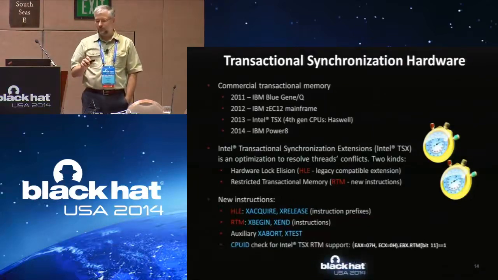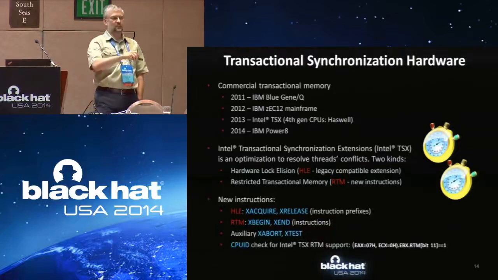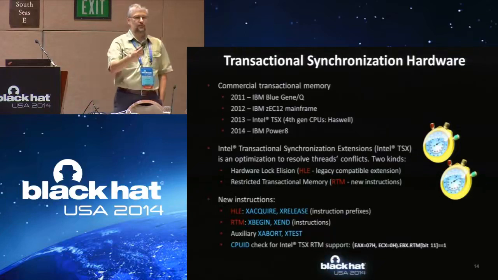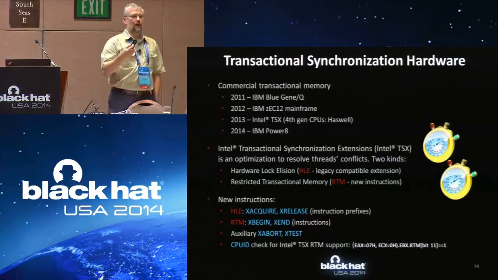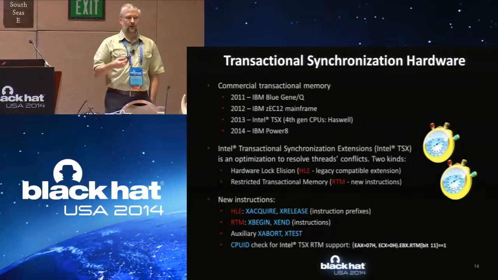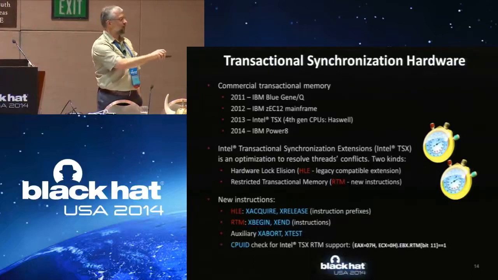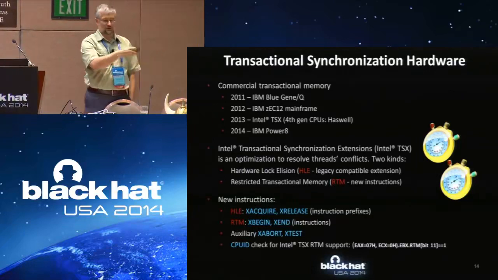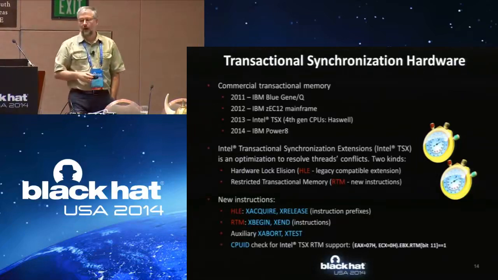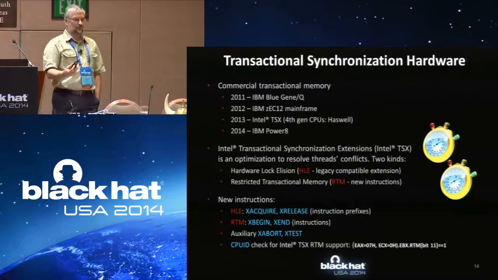In RTM mode, there are new instructions. They are separate new commands, and executing them on any CPU that doesn't support them would create an illegal instruction. So before executing XBEGIN and XEND, these new instructions for transactional support, you have to check that the CPU supports it.